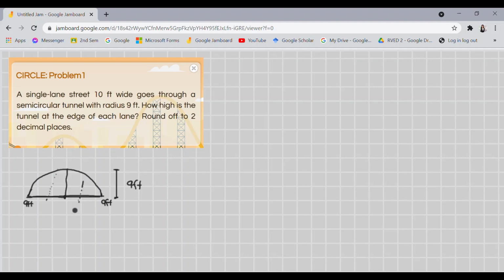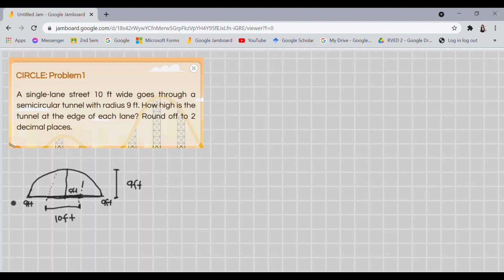From the center, and according to the problem, that is 10 feet wide. So, from this end of the lane up to this other end, that is 10 feet wide. Okay? 10 feet. Meaning, from the center going to one end, the distance is 5 feet or halfway, because we have here a certain middle point or yung pinaka halfway nila.